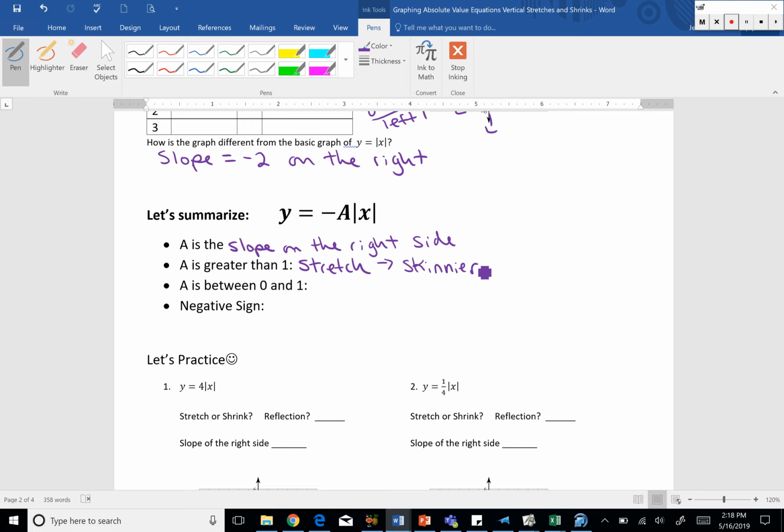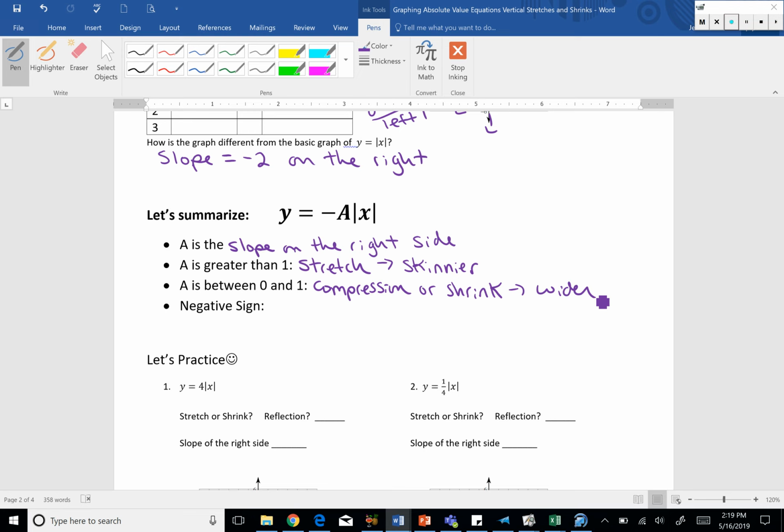When our value was between 0 and 1, so when we had those fractions, the 1/2 and the 1/3, it's actually called a compression or a shrink, whichever one you like best. And that's when we got wider. So if we were to compress you, take your head, take your feet, and try to smash them together, you have nowhere to go but out.